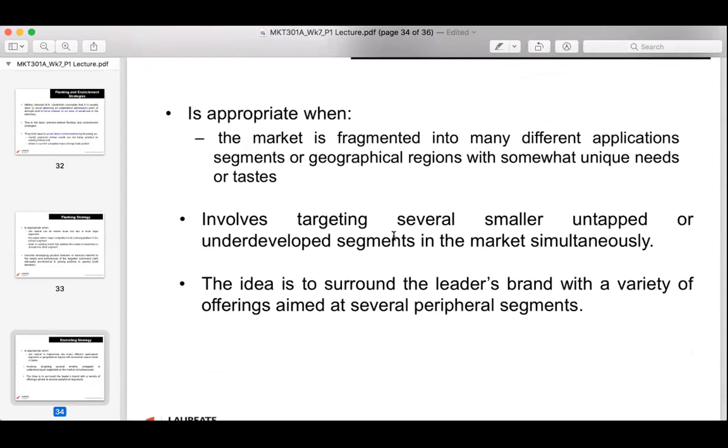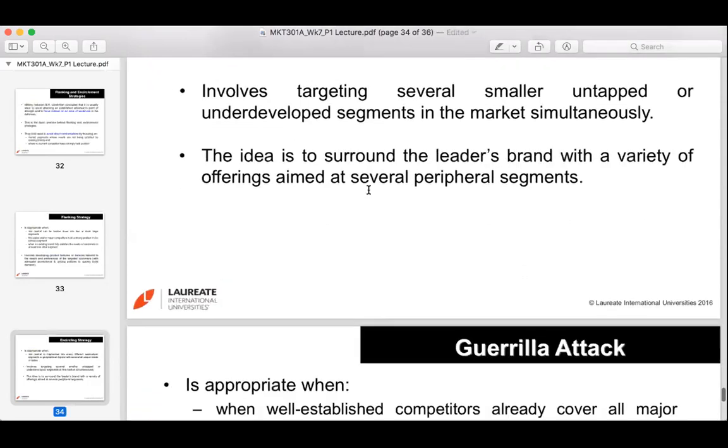If you look at the entire industry, each player may only capture a small market share in total. So there are many players here. They involve targeting several smaller untapped or undeveloped segments, and the idea is to surround the leader's brand with a variety of offerings.